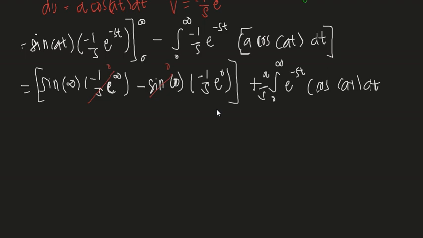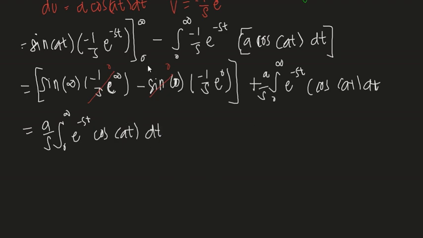So, ang mabilin sa aton nga equation is ang second term na lang natin. So, we will have a all over s multiplied by from 0 to infinity of your e raised to negative st cosine at dt.